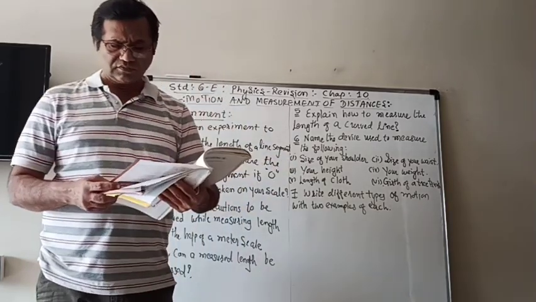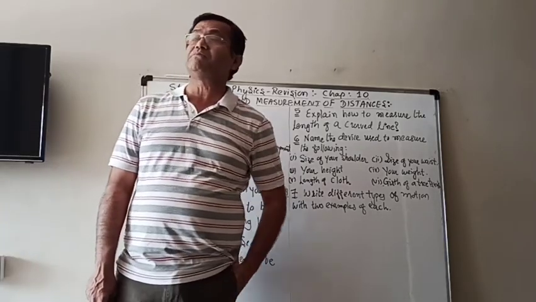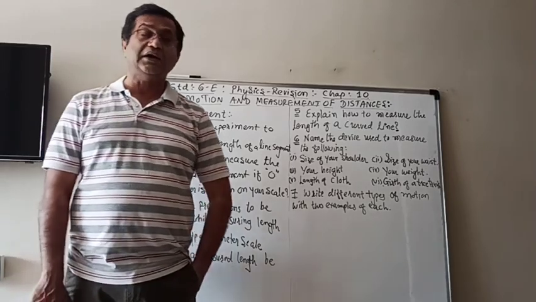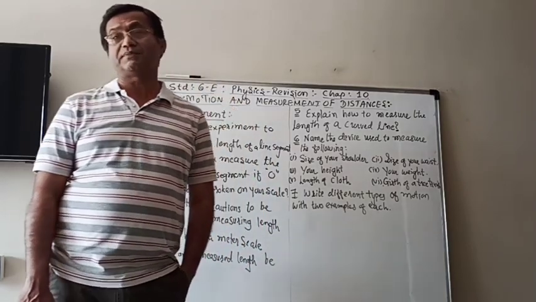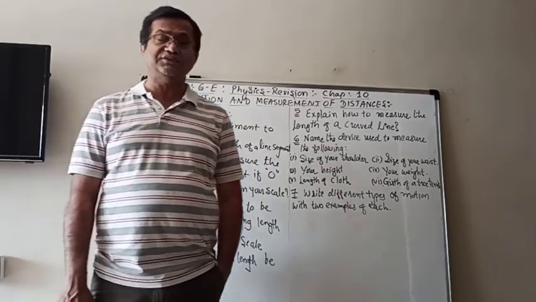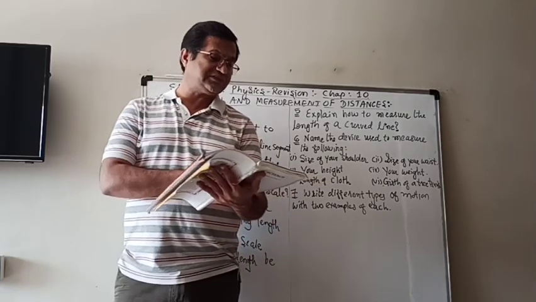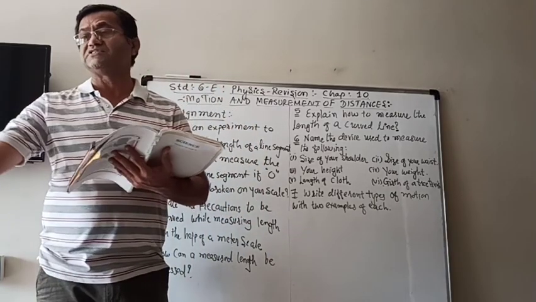Now we know that there are so many measuring devices available, like a meter scale, a measuring tape, and so many other devices. We use the meter scale generally to find a straight length.